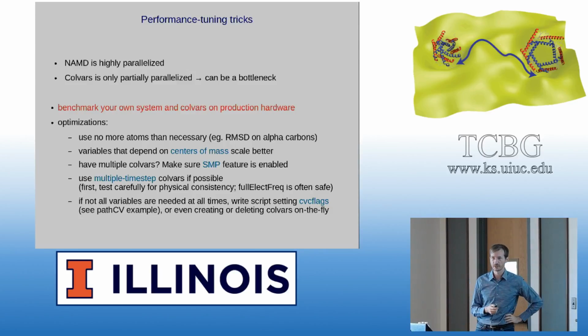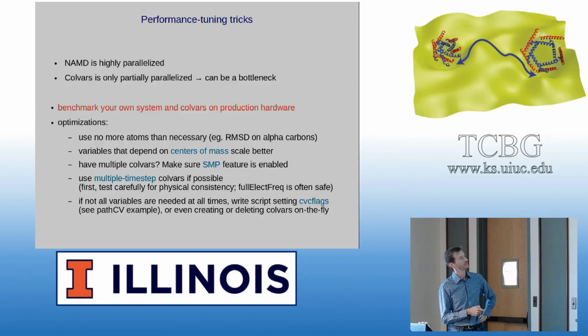So we've done what we could, but in practice, first of all, when you try to optimize your Colvars, you should benchmark with your own system and your own Colvars on your production hardware, because there's no predicting. Otherwise you only have a faint idea what your optimizations do and whether they're necessary to begin with. So the first thing to do is don't use more atoms than necessary. The classic is to use only alpha carbons.